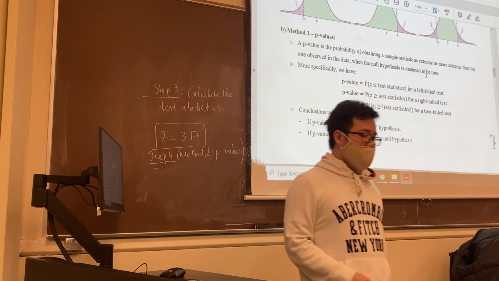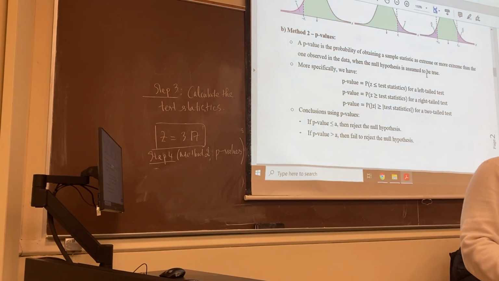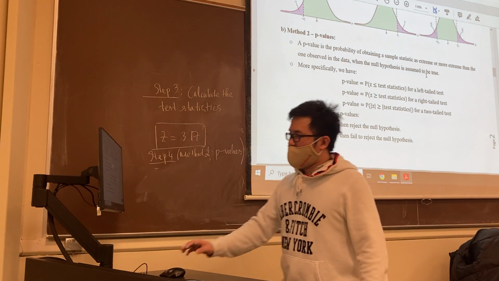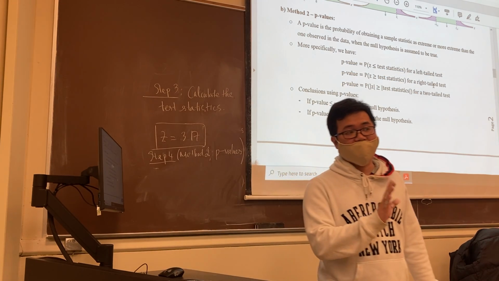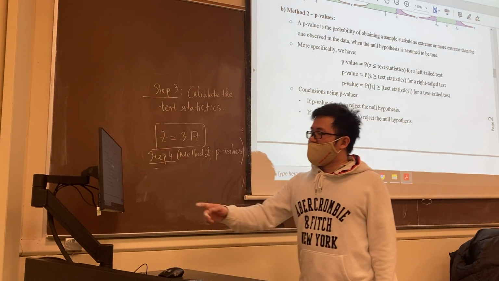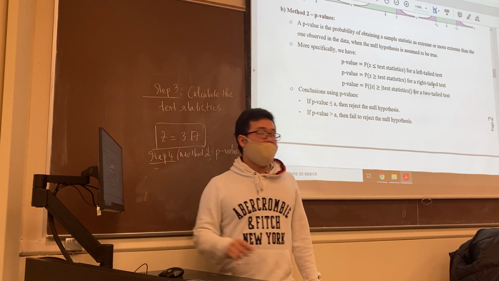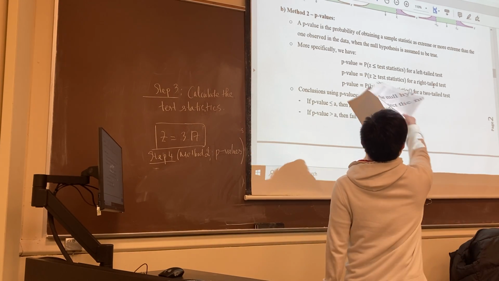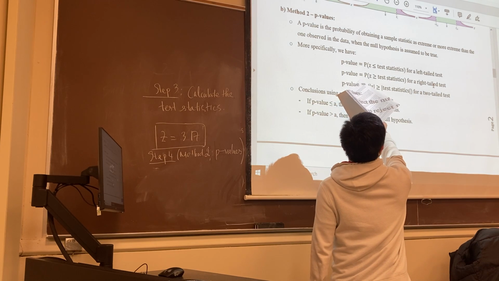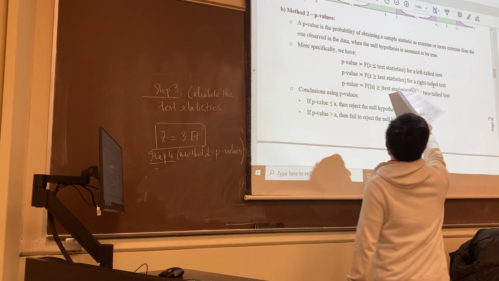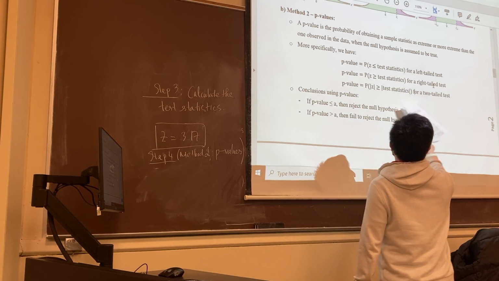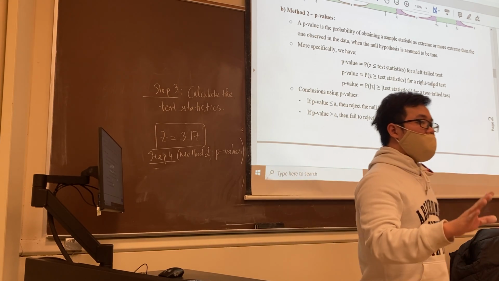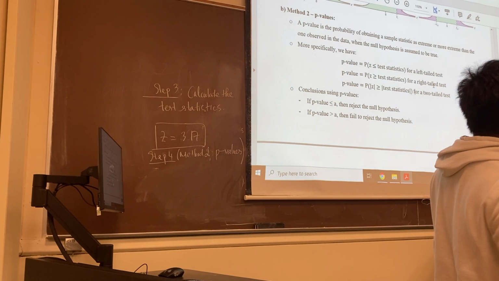Maybe it's a complicated sentence, but I write down here how to find the p-value. It depends on the test. The p-value is calculated like this for a left-tail test, like this for a right-tail test, and like this for a two-tail test. So it depends on the kind of test.